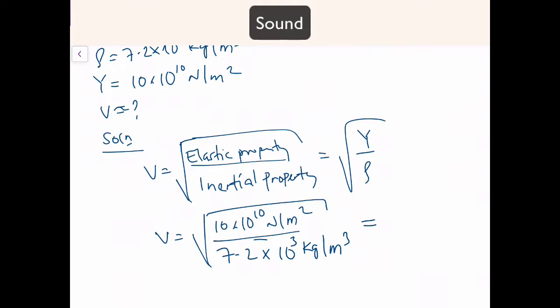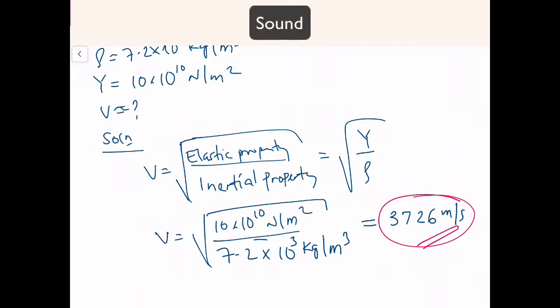I have 10 times 10 to the power of 10 divided by that, and then you square root it. The speed of sound in this solid material is approximately 3,726 meters per second. Please go ahead and verify if that is a correct answer.